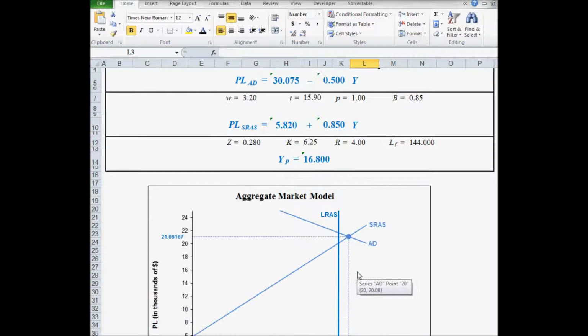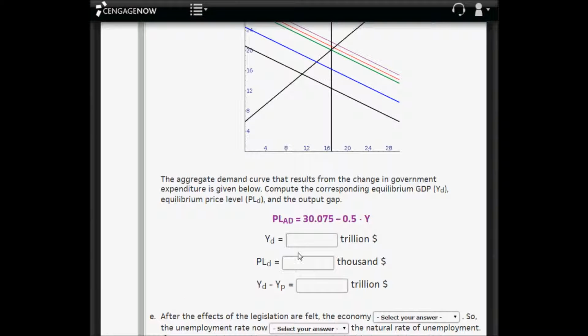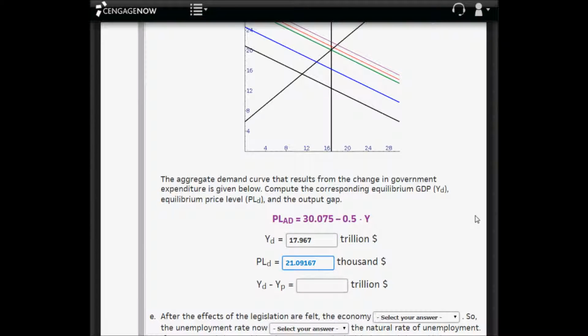So GDP gets pushed out to 17.96667, to 3 decimal places, that would be 17.967. The price level is 20.09167. Because that number there is 5 or bigger, the 1 has to become a 2.